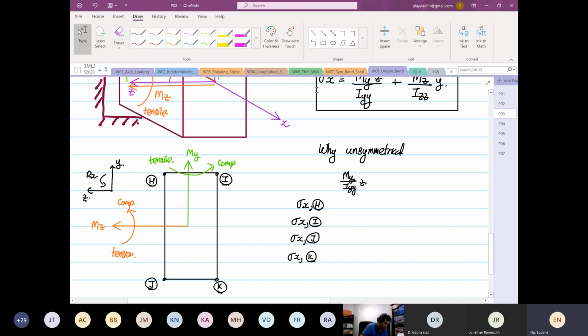Okay, so that's on one column. And then the next one, we're going to have our MZ over Izz multiplied by y. Okay.